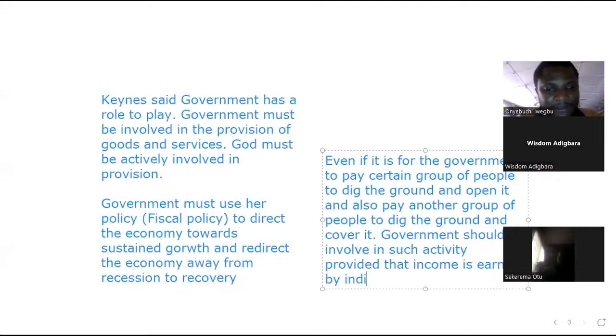Earned by individuals. These are very profound statements, very, very profound.